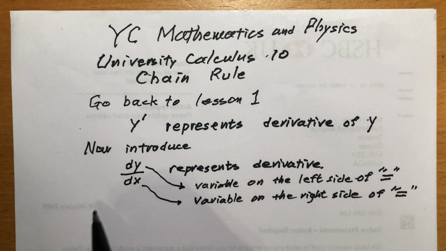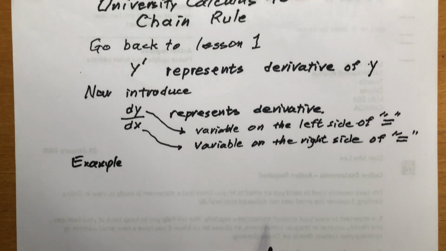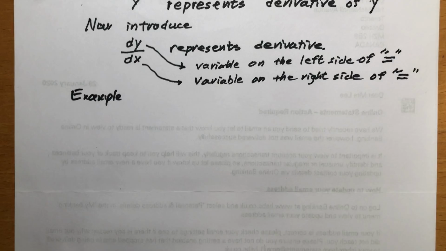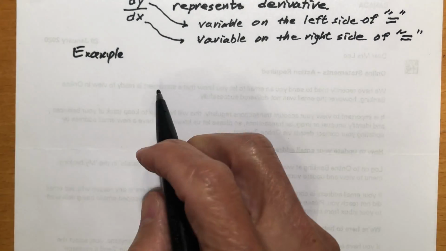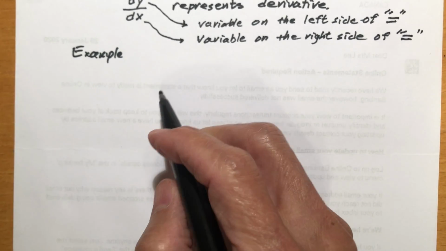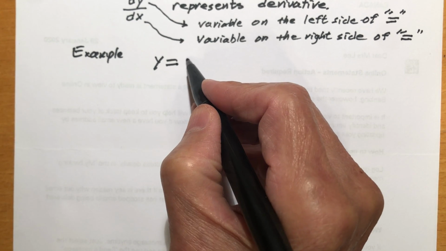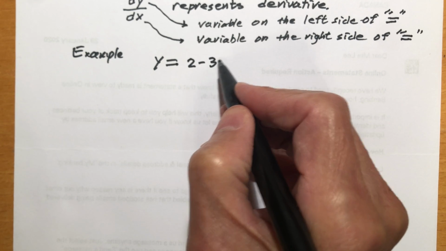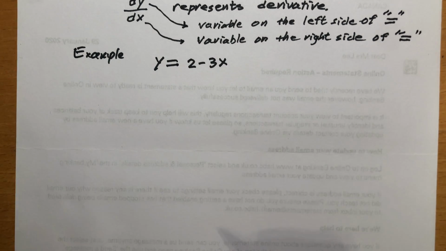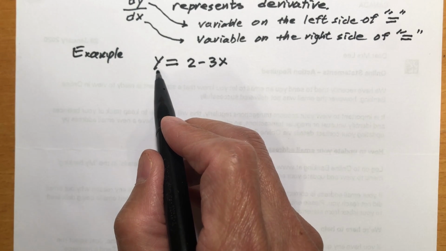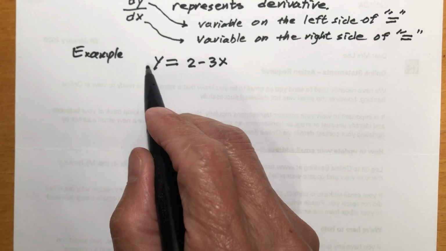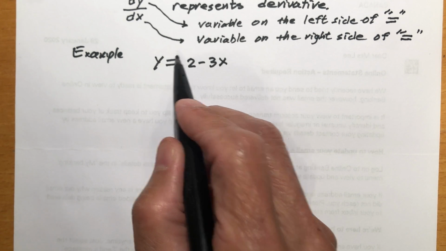So let's have an example. y equals 2 minus 3x. You see, this y is a variable on the left side of the equal sign.